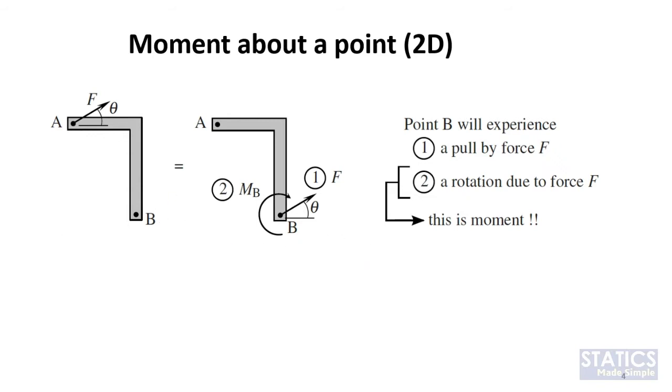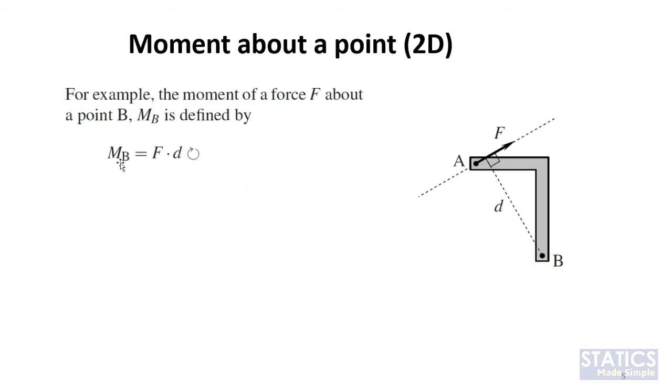In terms of equation, this moment can be written simply as equal to force times distance in 2D form, or distance times force. Okay, the arrangement does not matter in 2D form. However, in 3D form, the arrangement does matter. All right.